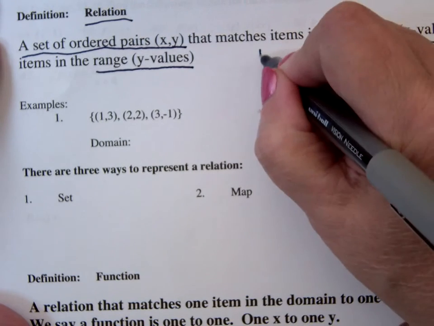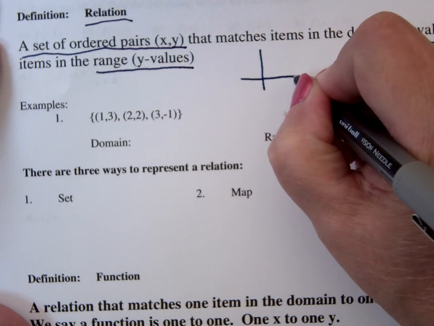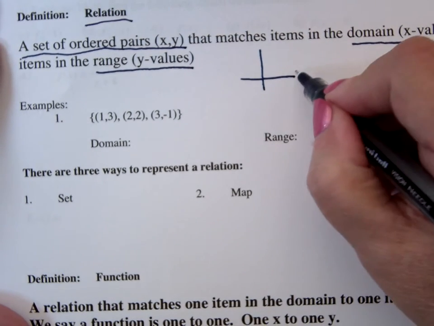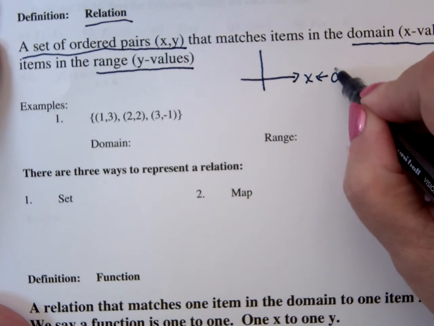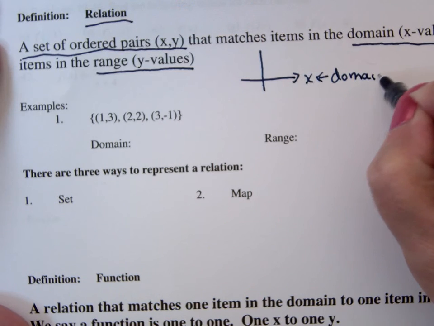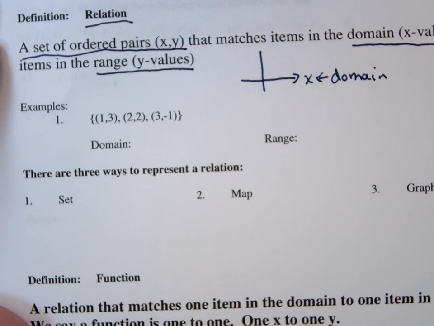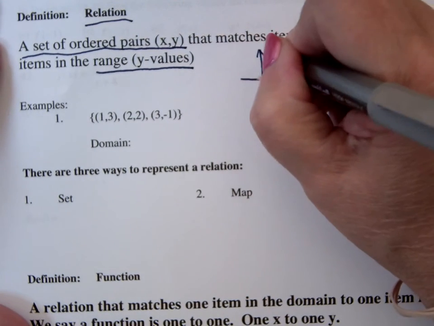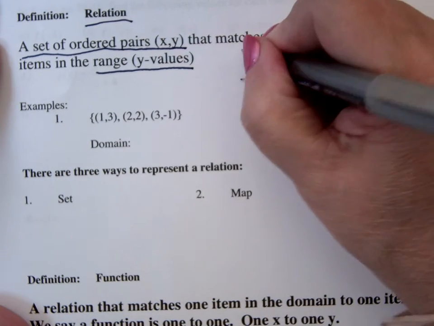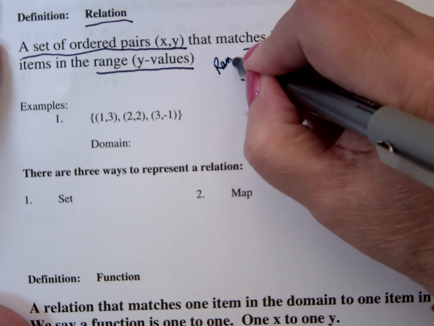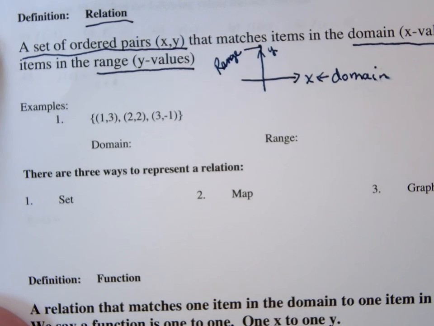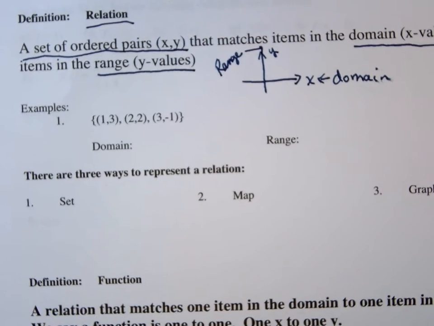If I draw an xy axis, the x-axis represents the domain, the x values, and the y-axis represents the y values in the range, as a result of x values in the domain, because you put in x and get out y.